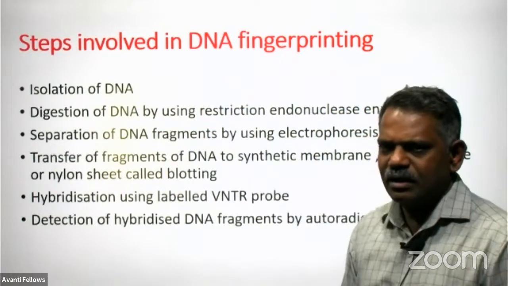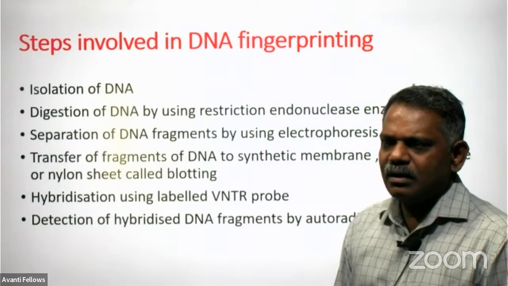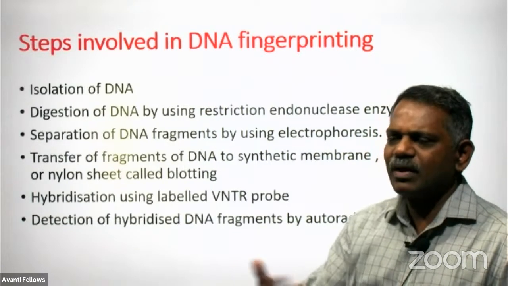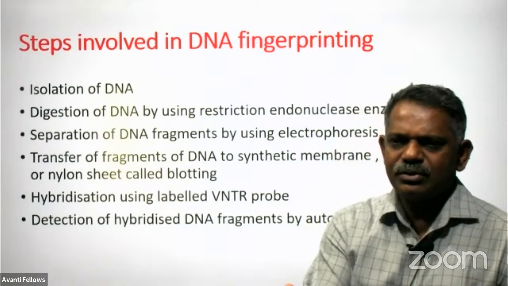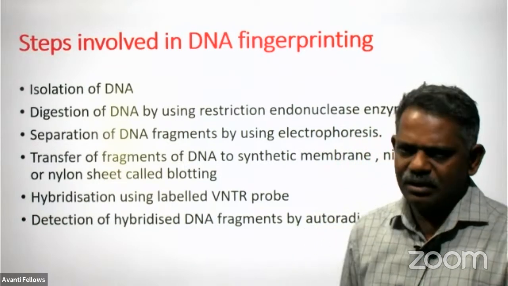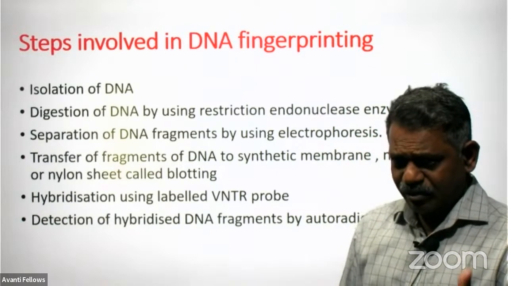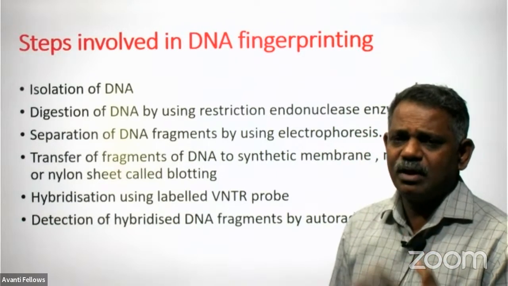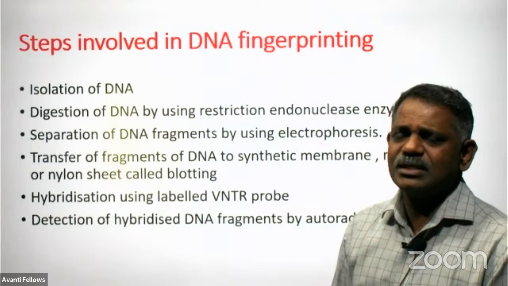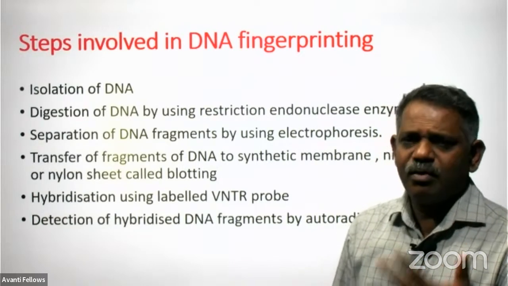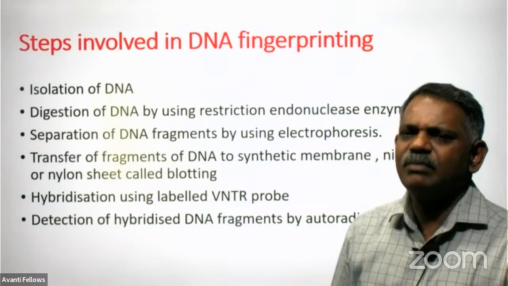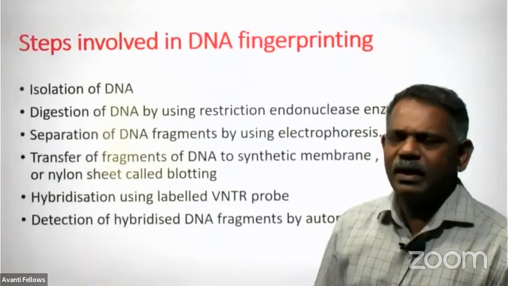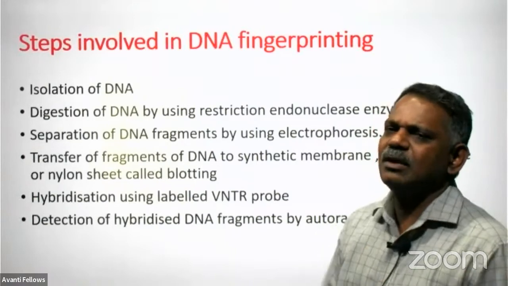Isolation of DNA. From the scene of crime, the investigators collect biological materials, maybe in the form of a blood sample, or semen, or hair follicles, or epithelial cells, something they left at the scene of crime.